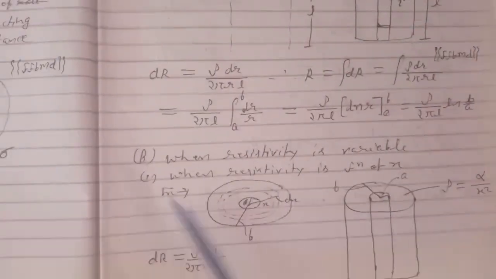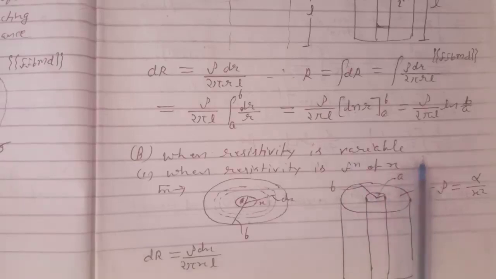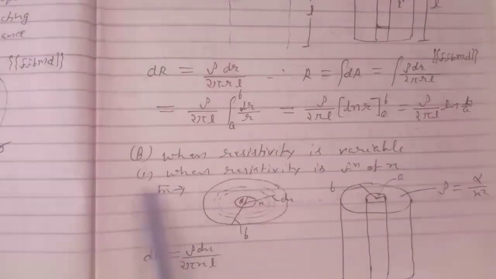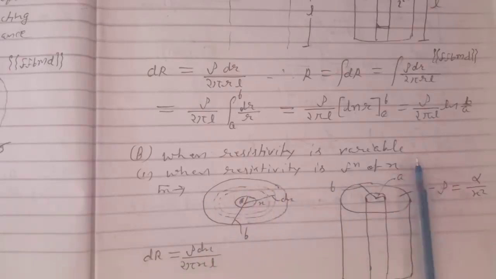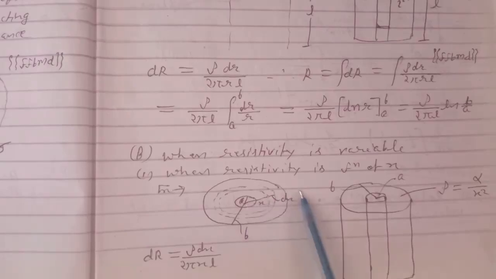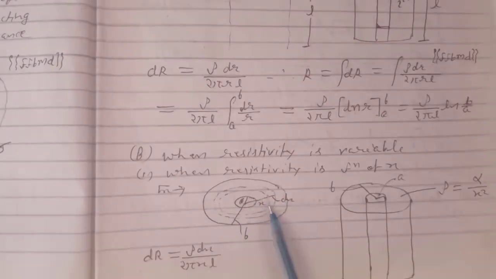Case B, when resistivity is variable, that is, a function of x or anything. For example, here when resistivity is a function of x, that is distance from center in the outward direction, in this case we have to write dR equal to rho dx by 2 pi x into l.